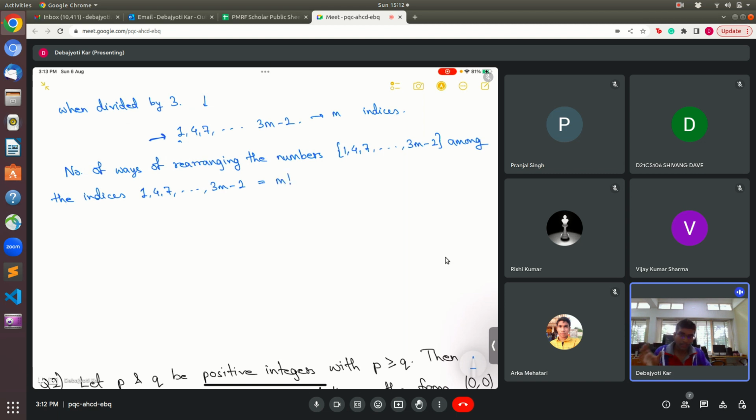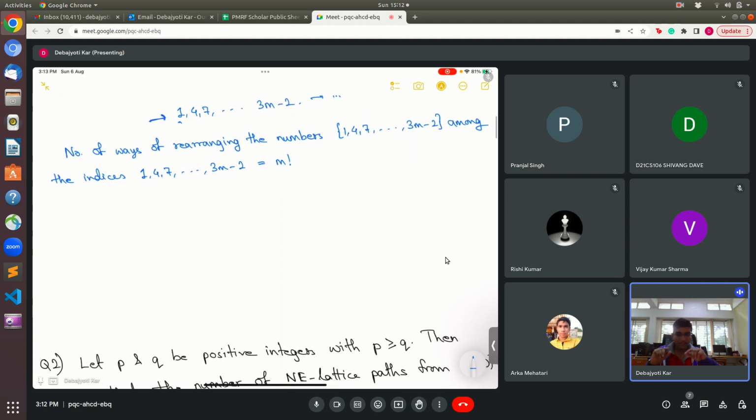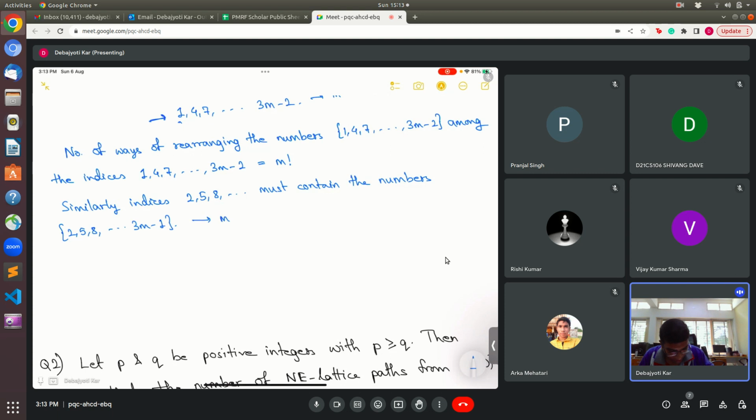Similarly, in exactly the same way, if we consider the indices 2, 5, and so on, the corresponding number of ways is again m factorial.